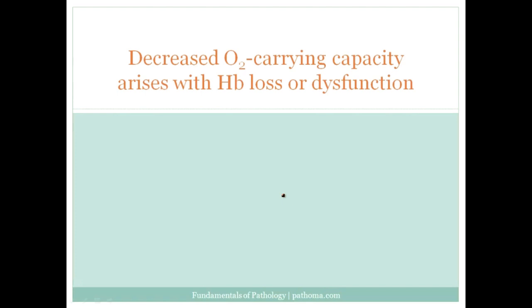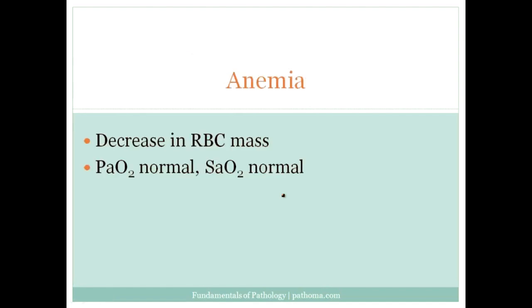Recall from physiology that the vast majority of the oxygen content of the blood is due to oxygen bound to hemoglobin. So if you knock out the red blood cells, or the ability of hemoglobin to carry oxygen, that will also result in hypoxia within a tissue.